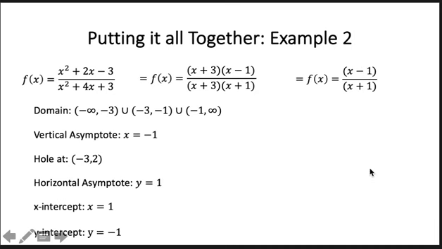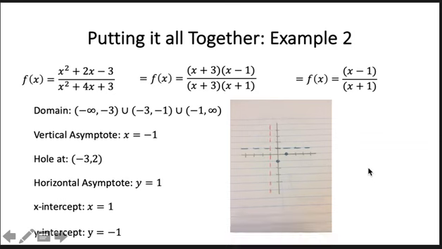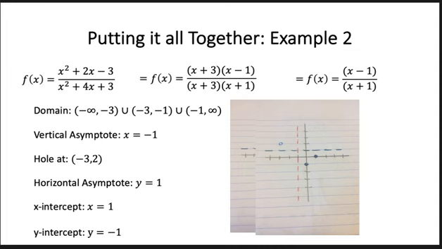Now when I go to graph this function, the first thing I did was draw that vertical asymptote, which is x equals -1, the horizontal asymptote, which is y equals 1. I have a y-intercept at -1, an x-intercept at +1, and just by the nature of these rational functions, I kind of have an idea of the shape of this function.